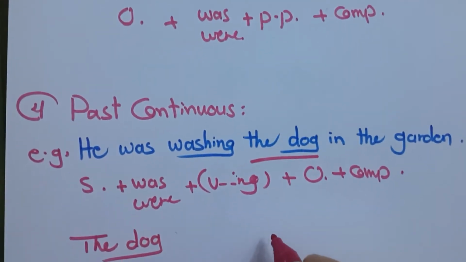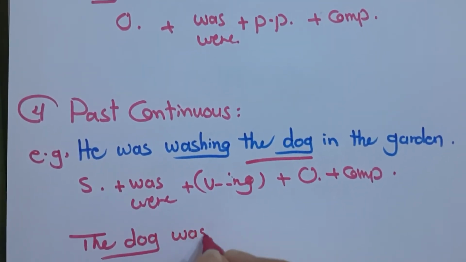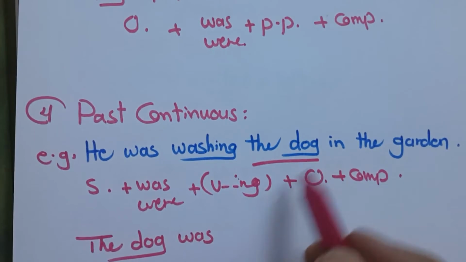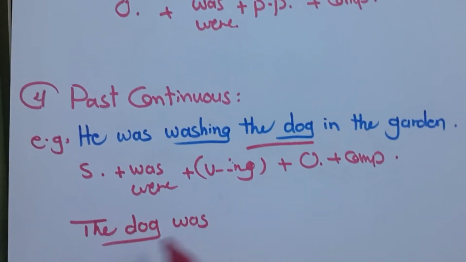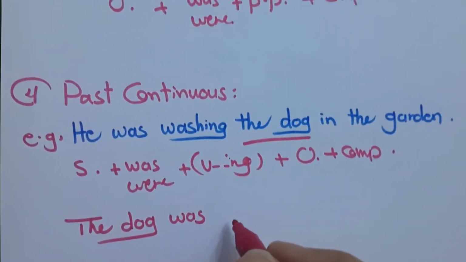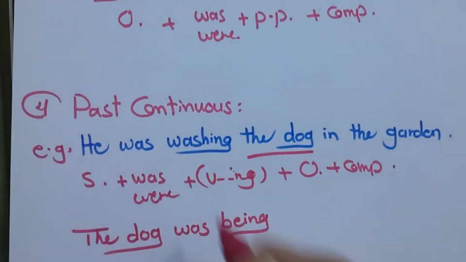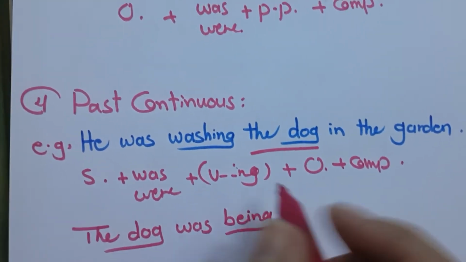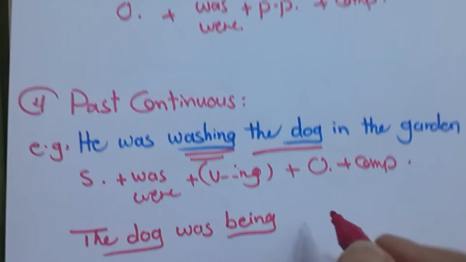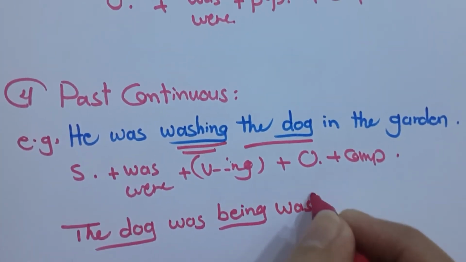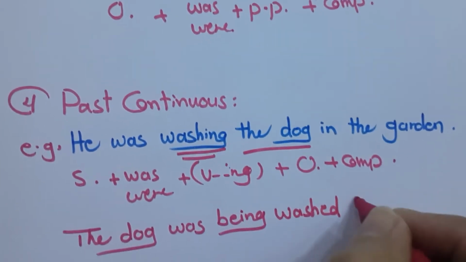The dog was, because it's what? It's singular. If there are dogs, we put were. The dogs were. The dog was. Was being, to say that the tense is continuous. Was being. Where is the verb? Washing. What is the past participle? Washed, in the garden.